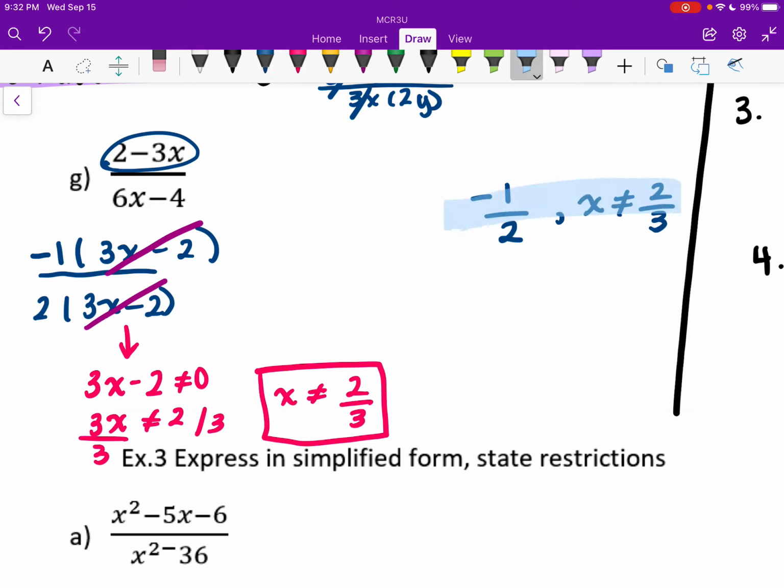And the reason that I really did need to do the simplification and the restrictions first is because if I didn't, I would not have the right restrictions, right? Because there's no variables here. So that's really important that you put your restrictions as soon as you factor the first time.